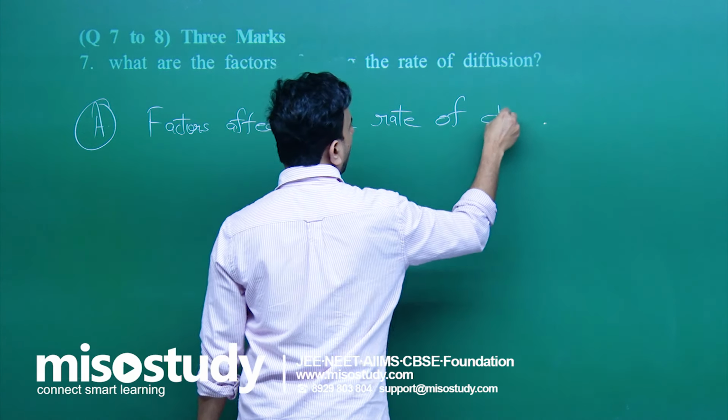Factors affecting the rate of diffusion. The first of them is temperature.